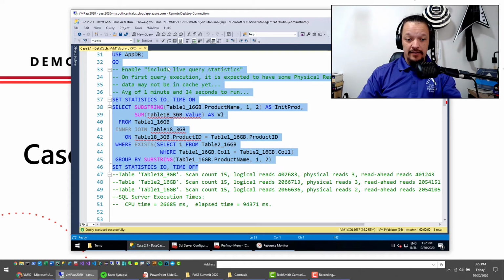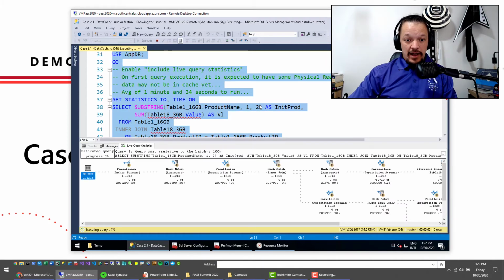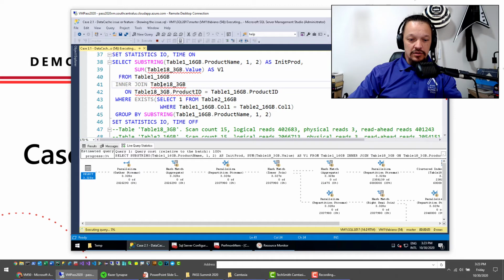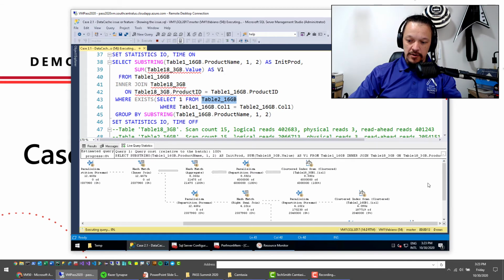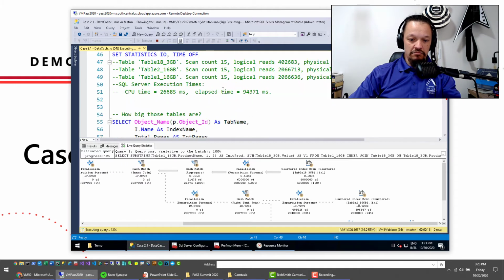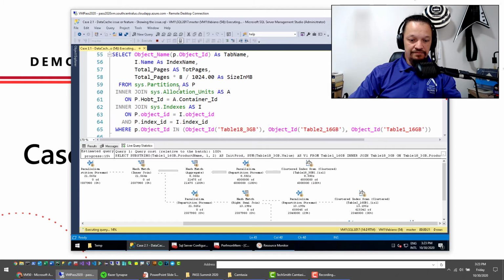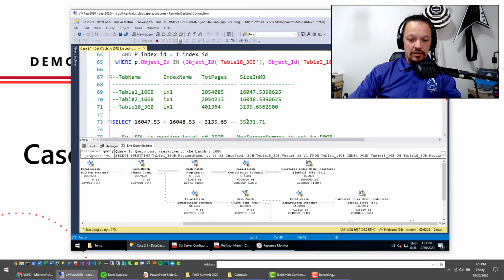Not physical reads again. And this is what is happening. Let me run it while I'm speaking. So I'm reading those tables. A 16 gig table joining with a 3 gig table and another join with a 16 gig table. So 3 tables, total of 16 plus 3, about, let's see, 35 gig total.